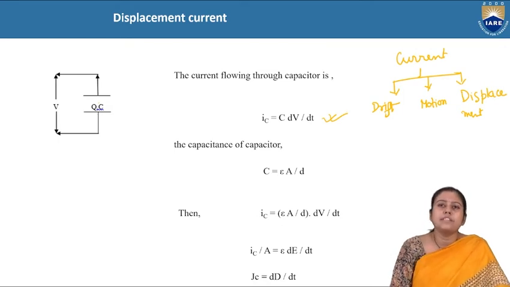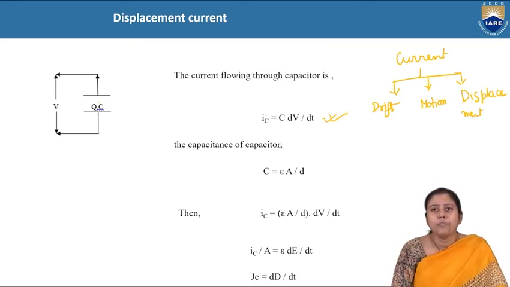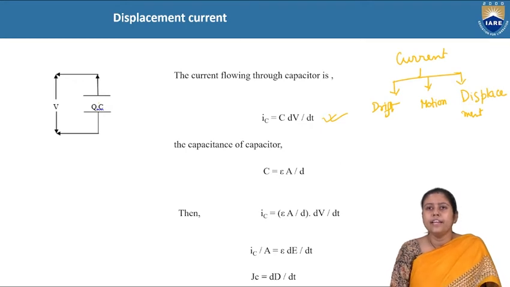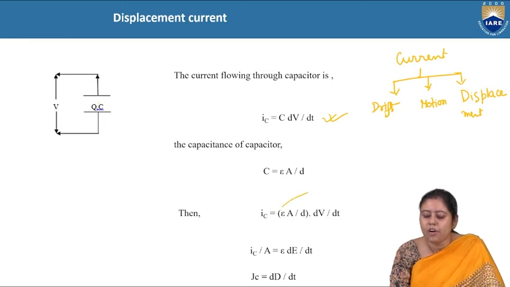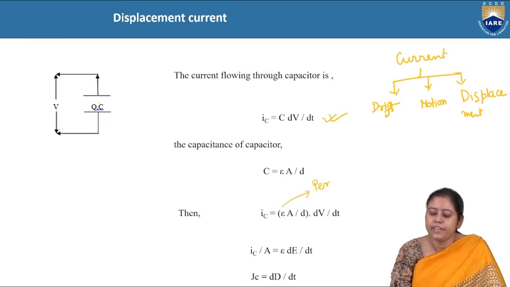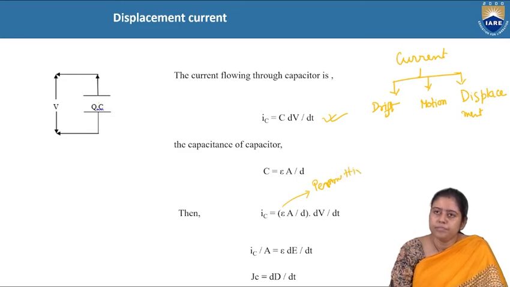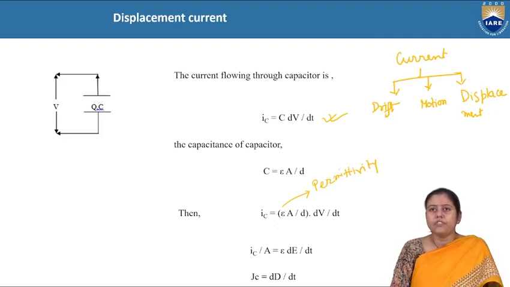And what is capacitance? Capacitance is epsilon A by d. Epsilon is nothing but the permittivity of the medium.